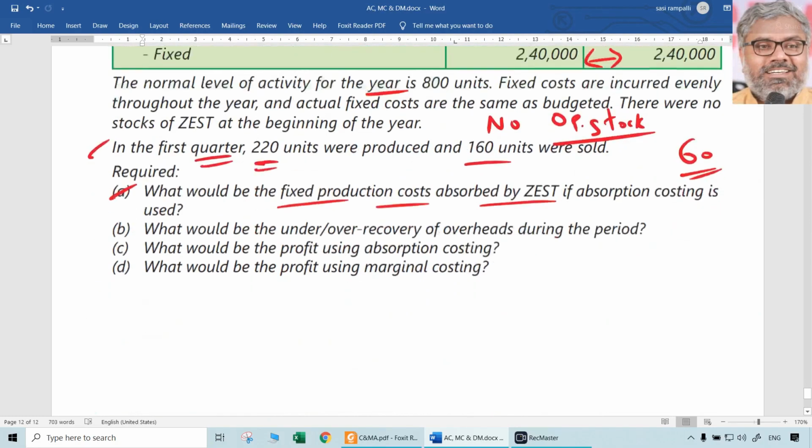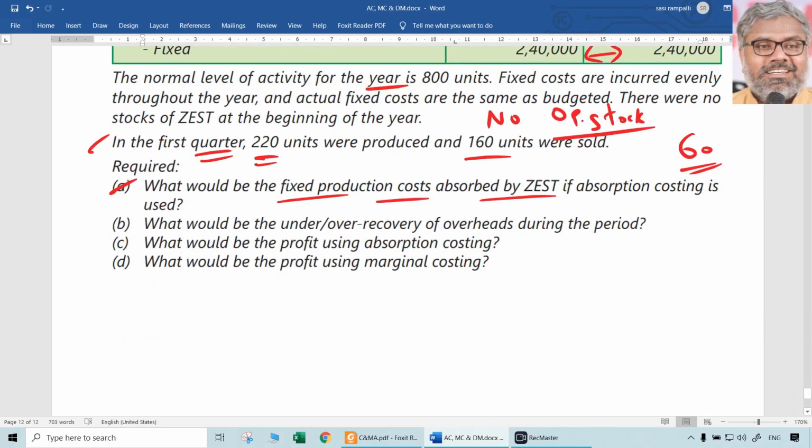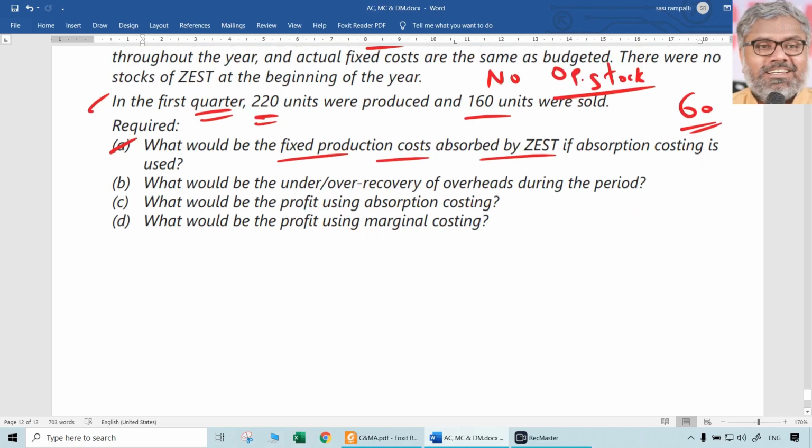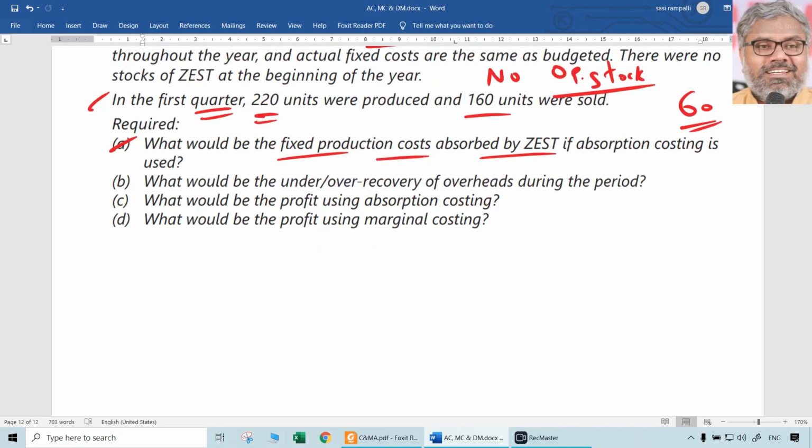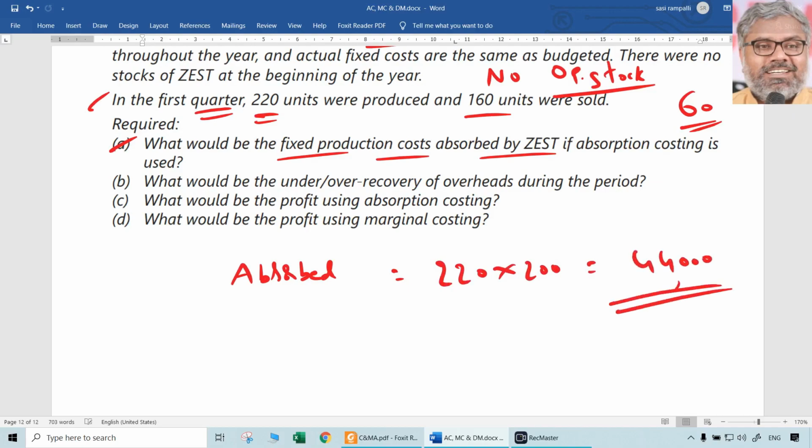But how many units are actually manufactured? 220 in the quarter. That means absorbed fixed overheads are naturally 220 into 200, that comes to 44,000 rupees. That's the answer for the first question.